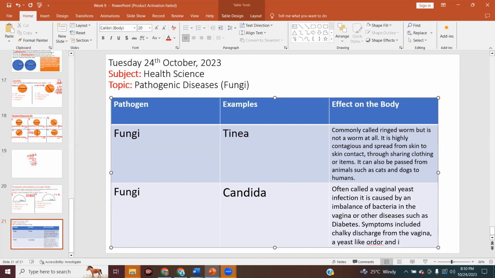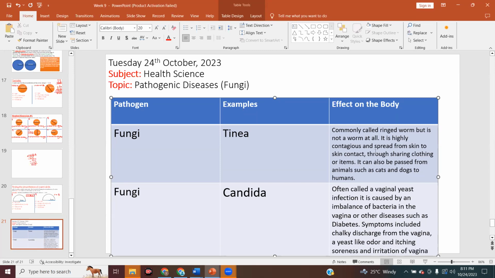And there's a lot of itching, soreness, and irritation of that area. And that's caused by what? This fungus.